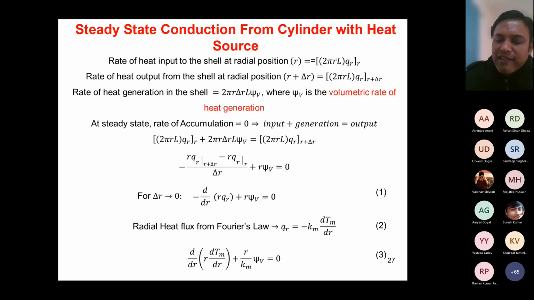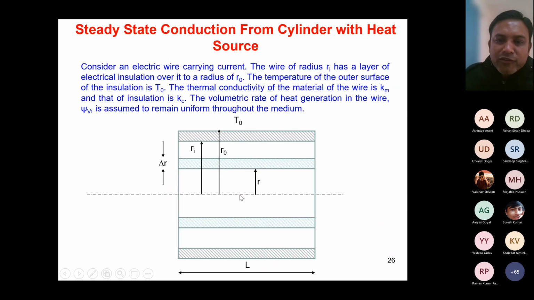First boundary condition is that at the center we are assuming the temperature is going to be finite, which means dT by dr is going to be 0. Now the second boundary condition: unlike the previous case, where it was at R equals R0, T will be T0, in this case we cannot apply that, because the outside temperature T0 is with respect to the insulation, not the metal wire.